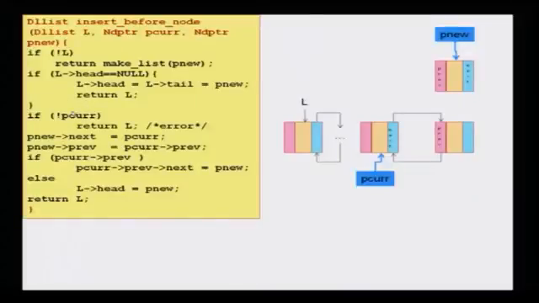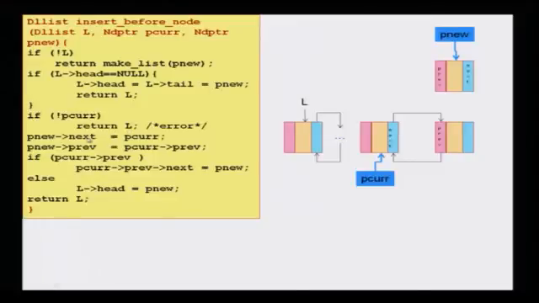Now, you come to the non-trivial case, suppose there is a list and the list has some elements. If P current is equal to null, then you return the L, this is an error.